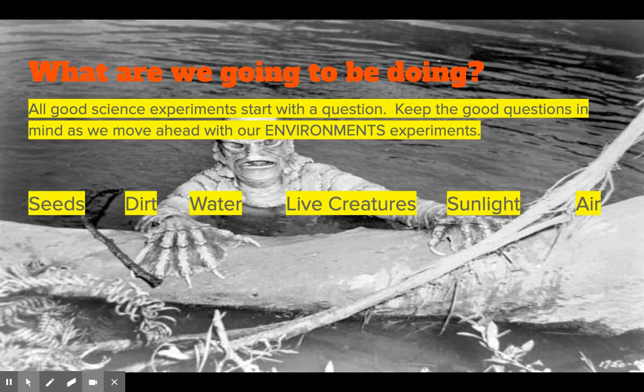So what we're going to be doing is taking seeds or dirt, water, live creatures like maybe what you see on your screen, sunlight, air, all that stuff. We're going to put everything together, kind of mix it together and see what we come up with. And we might be creating our own environment. Well, I'd be creating an environment. You'd watch me do that. Kind of sad, I know, but we'll do our best with it.